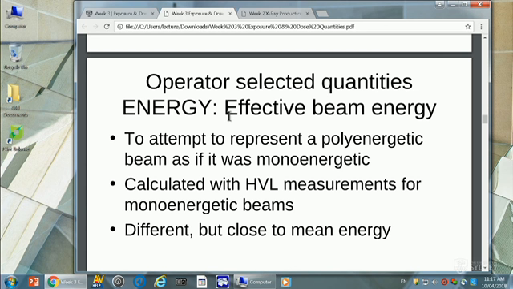And if your half value layer turned out to be 2.41 millimeters of aluminium equivalent, what energy is it? Just look it up on the table. And you simply get 73. So that means that is your effective beam energy. That's a very high effective beam energy.